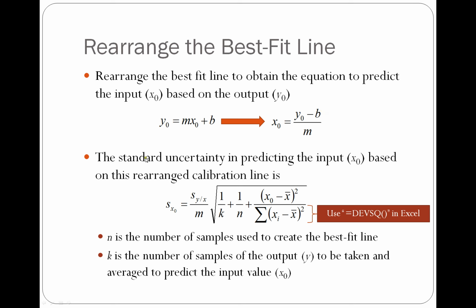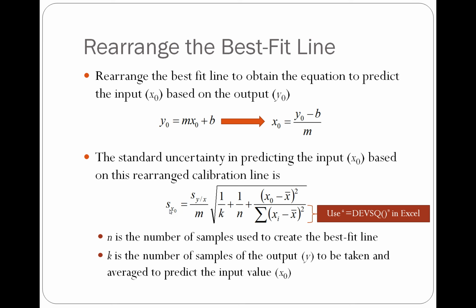Now to predict the uncertainty in predicting the input based on this rearranged calibration line, we're going to take our standard uncertainty in the calibration line, divide that by the slope, and then again multiply it by this radical. Again, n here is the number of samples that were used to create the best fit line. K tells us about the number of samples of the output that are to be averaged to predict the input value.